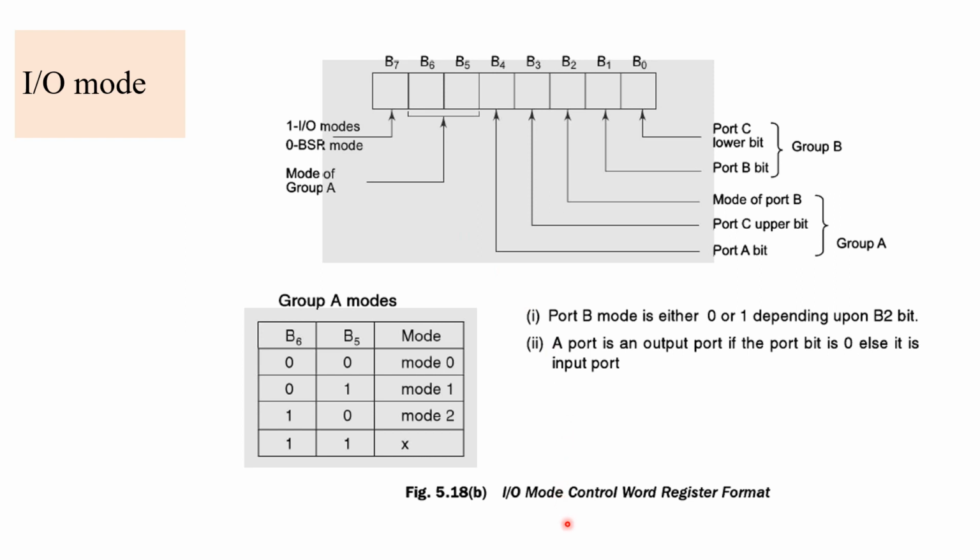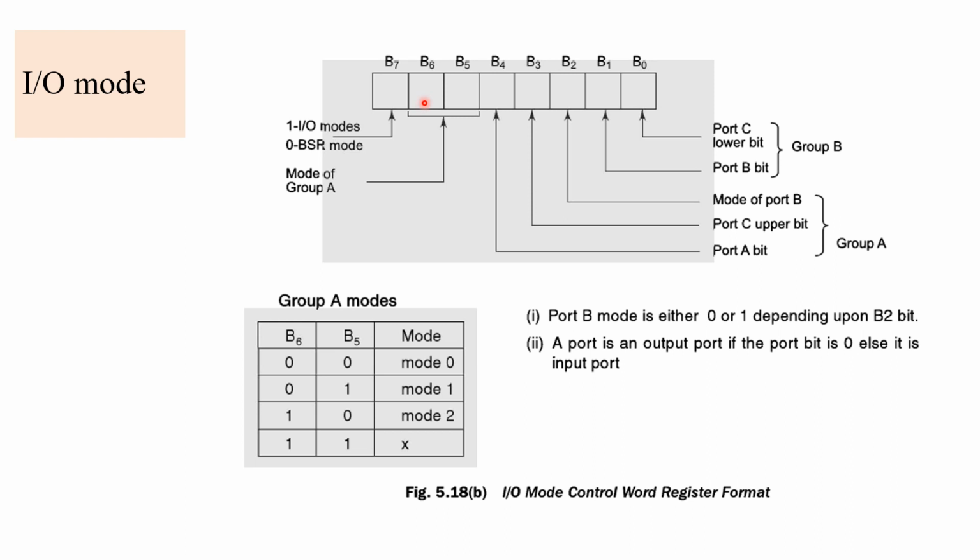Next is IO mode control word register format. Let's get familiarized with the control word register format for input output mode. The first is the B7 bit. B7 should be 1 for input output mode or IO mode, and it should be 0 for the bit set reset mode.